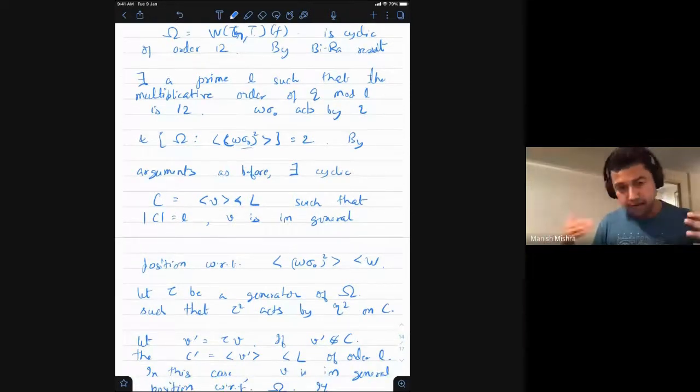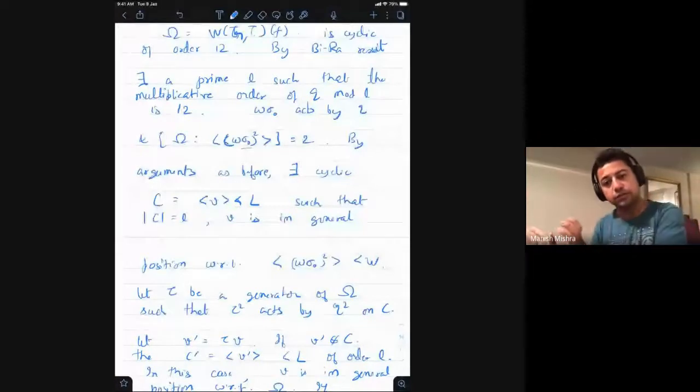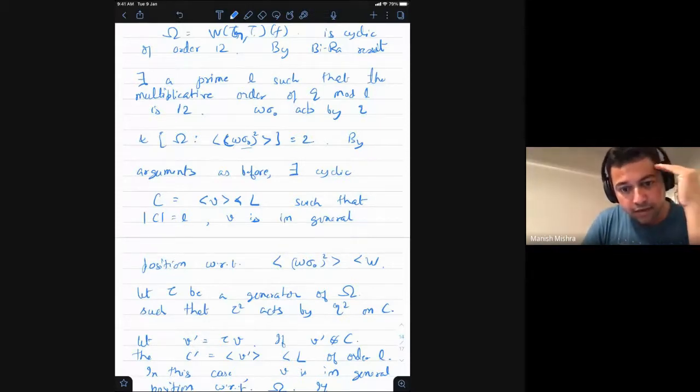And then comes a very tedious process of amalgamating groups. You know that groups are built out of almost simple groups, and so in this amalgamation process, the centers give you a hard time, and you have to do something about it.